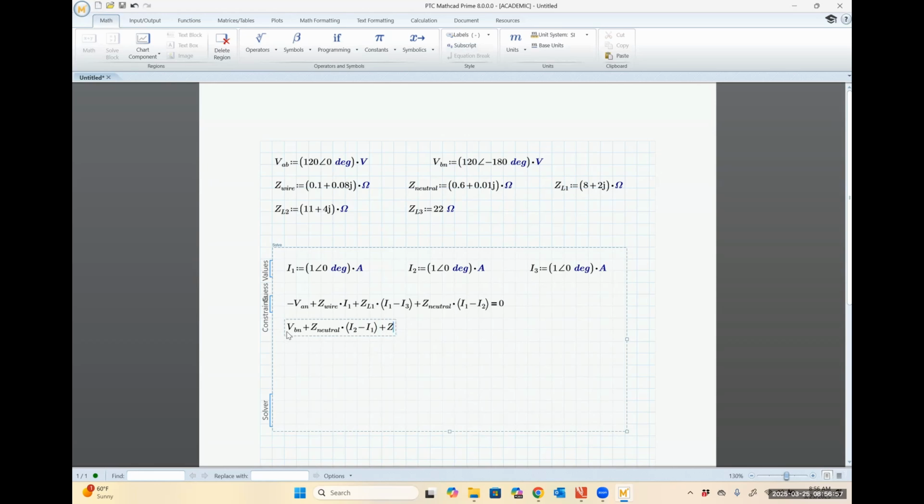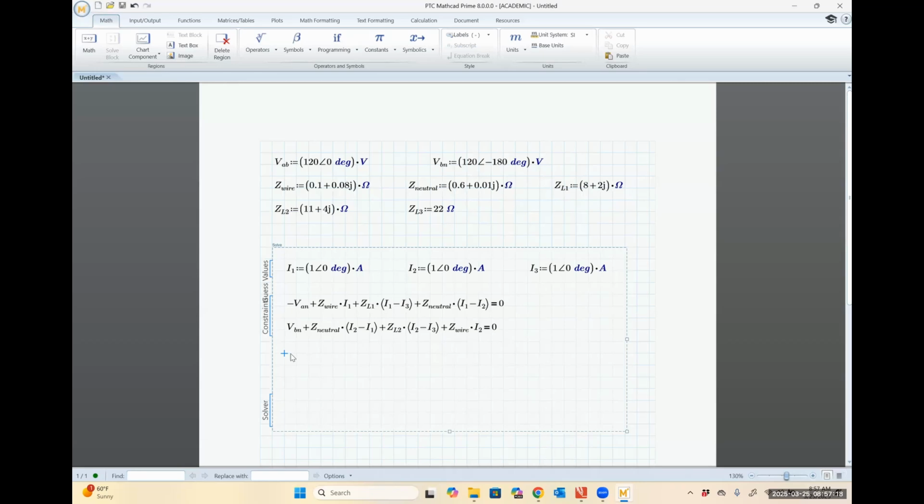Then we had ZL2 times I2 minus I3. And then we had Z wire times I2. And this will be equal to 0.